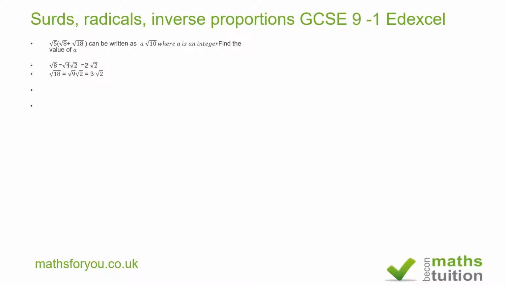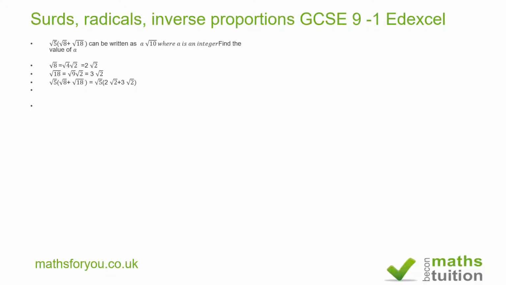If we then combine these, we have that root 5 multiplied by root 8 plus root 18 is the same as root 5 multiplied by 2 root 2 plus 3 root 2. To make it very simple, you've got 2 root 2s and 3 root 2s, that becomes 5 root 2. It's almost like saying 2 oranges plus 3 oranges.